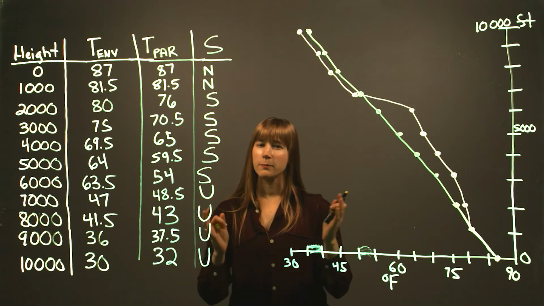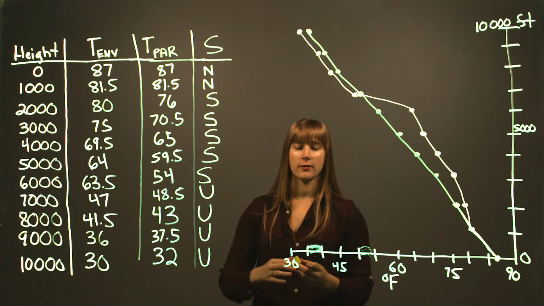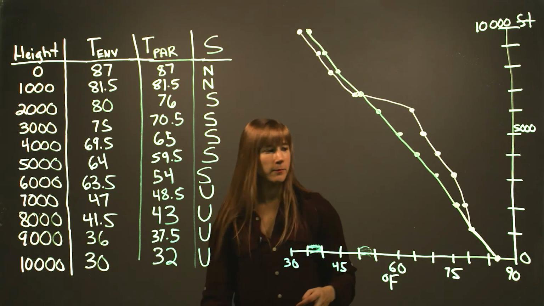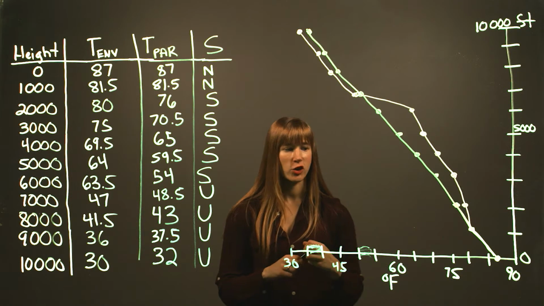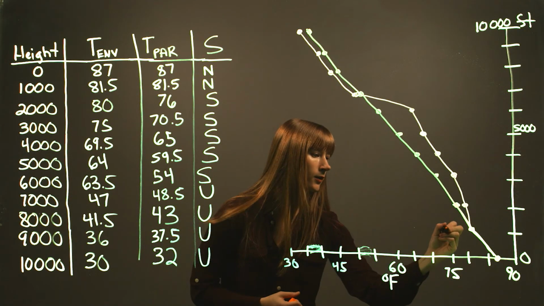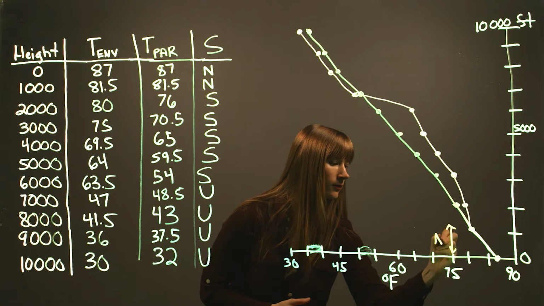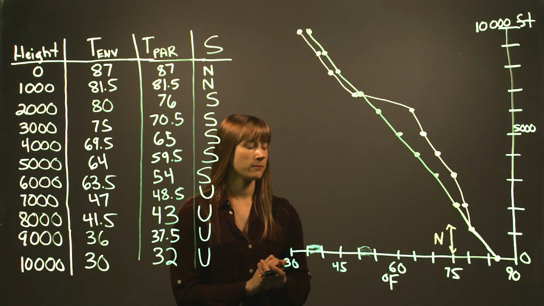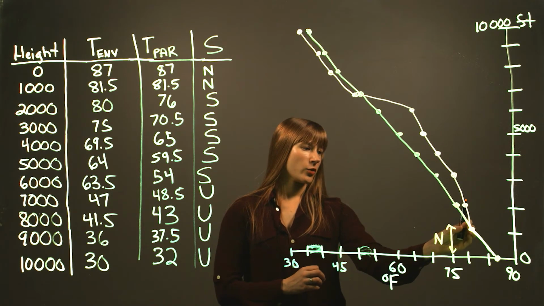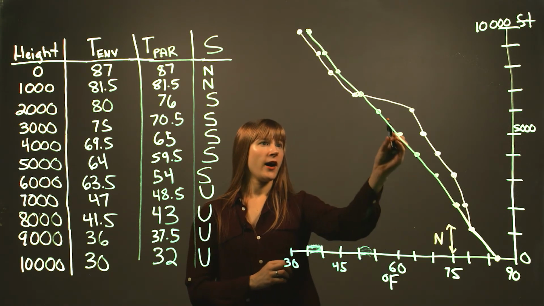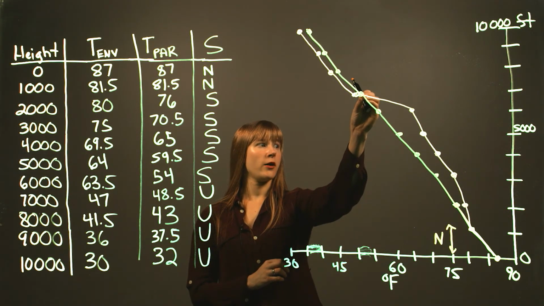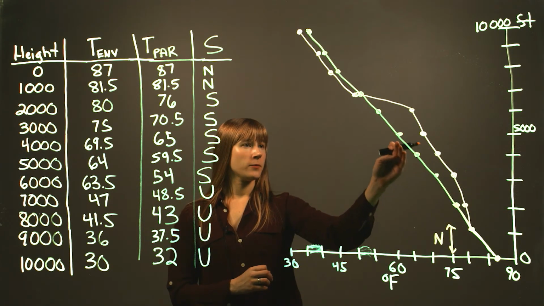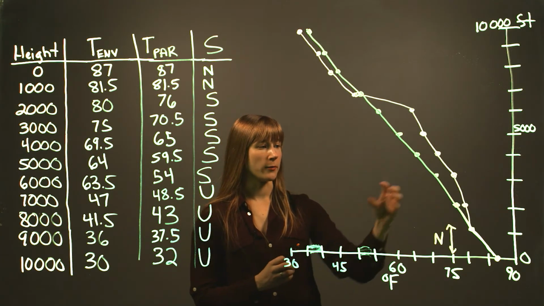Now this is maybe a little easier to visualize than the table. So where the air parcel and the environmental temperature overlap, that is where the environment is neutral. They're at the same temperature. So then, between 1,000 feet and just below 7,000 feet, the air parcel is cooler than its environment.